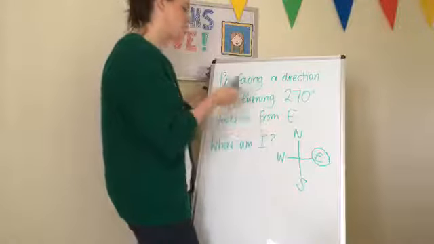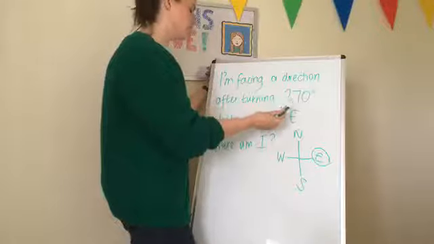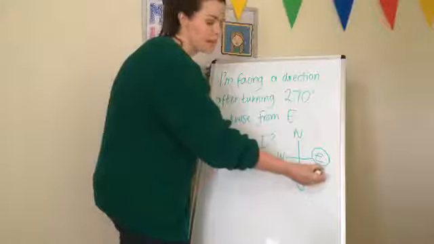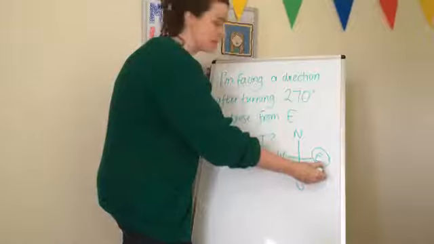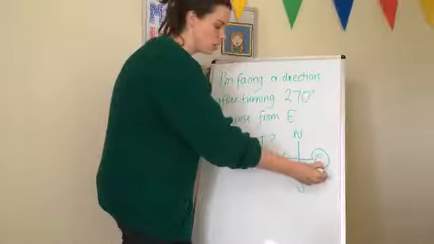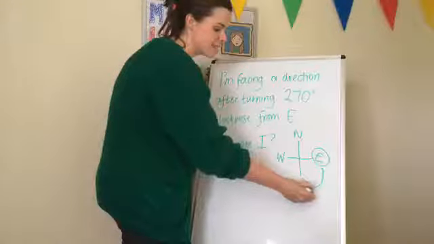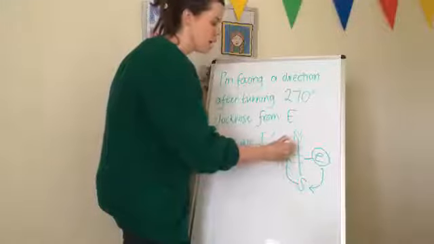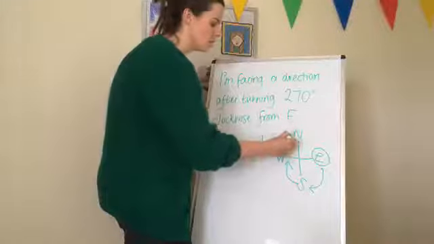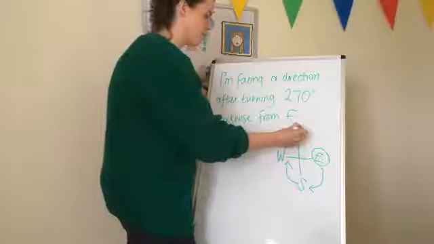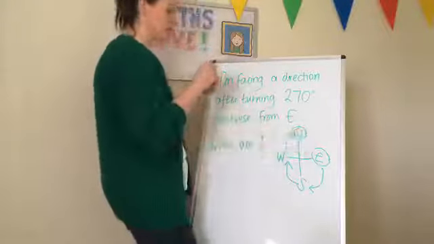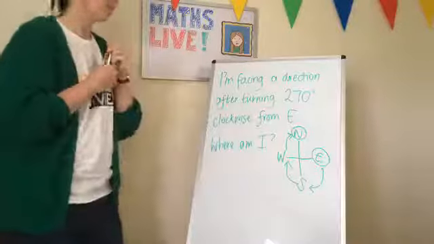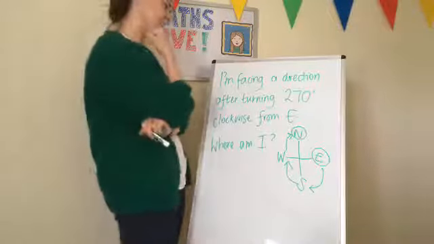I was east and I went clockwise 270. So there's 90, there's 180, and there's 270. So I was facing north. Am I correct?